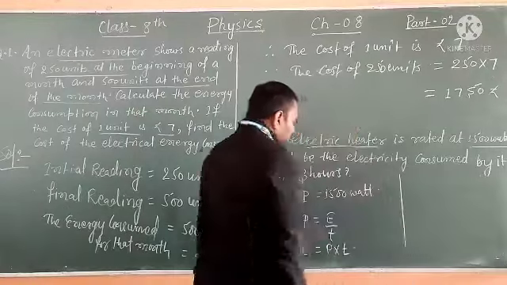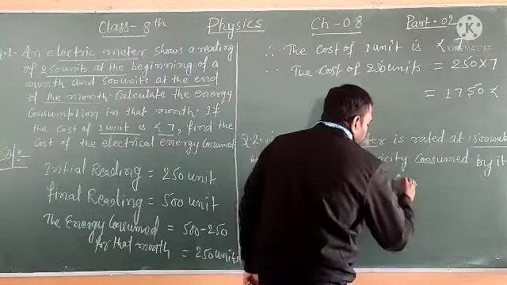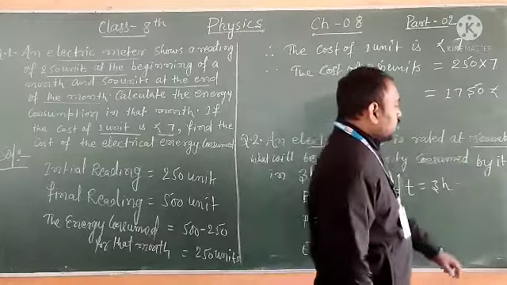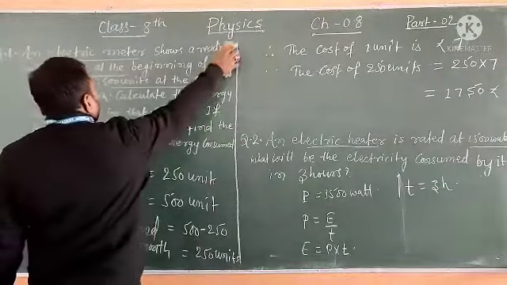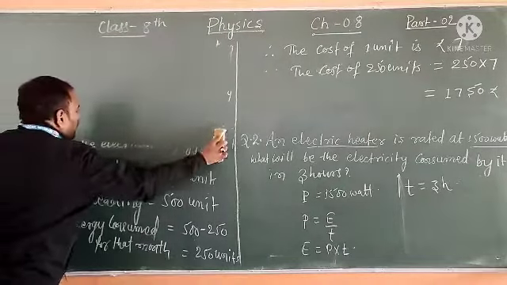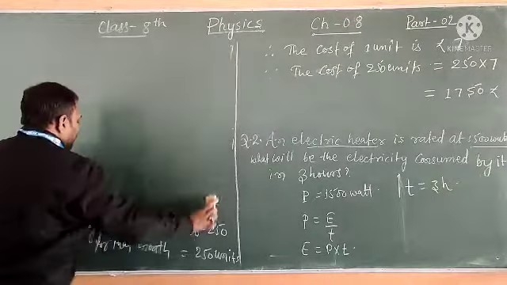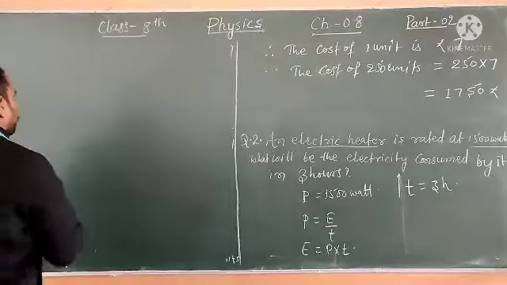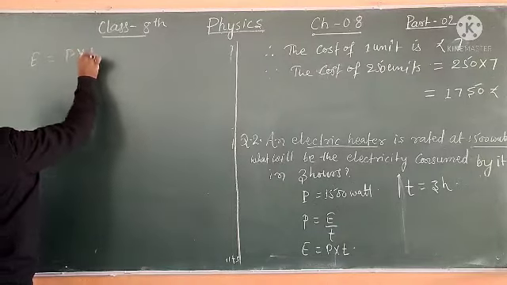Come to the point. As here it is given power 1500 watt and time is given, that is 3 hours. If we multiply time with the power, we will get watt hour. Energy equal to power into time.